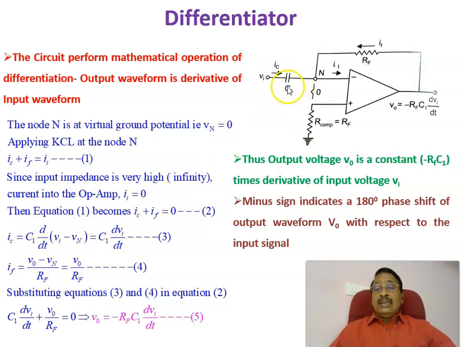Now, let us see what the capacitor current IC and the feedback current IF are in terms of the voltages, the resistance, as well as the capacitance.